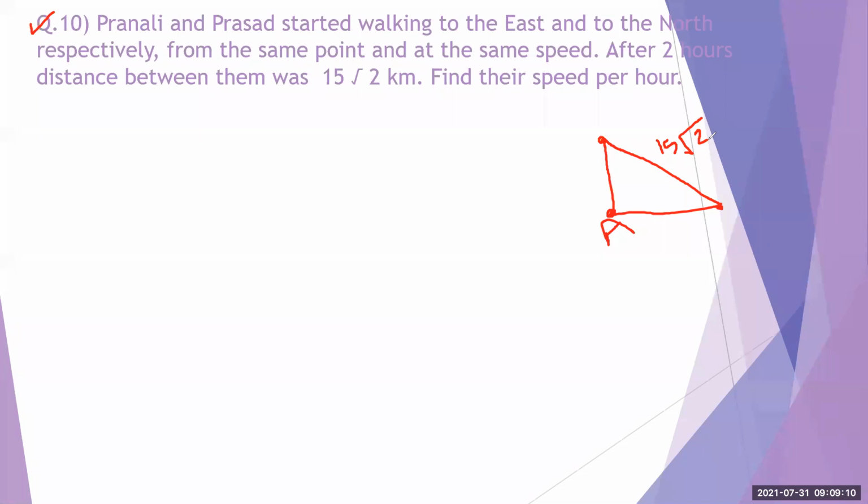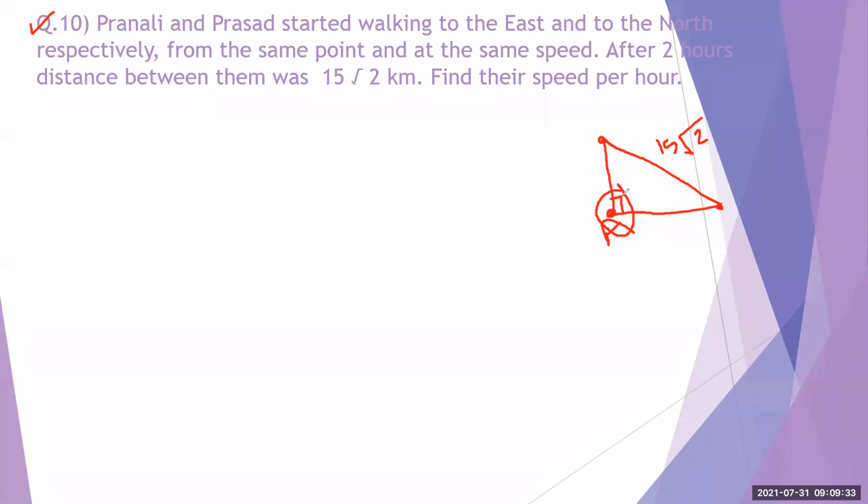Speed per hour. So again, if you look properly, they are starting from the same point and going with the same speed. So this becomes a 90-degree angle. Since they are starting from the same point, this becomes a 90-degree angle. That means we have to use the Pythagoras theorem. So how to identify which theorem we have to apply?